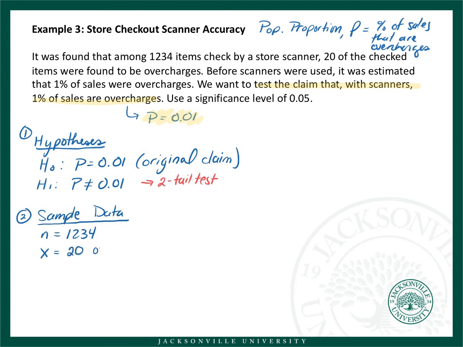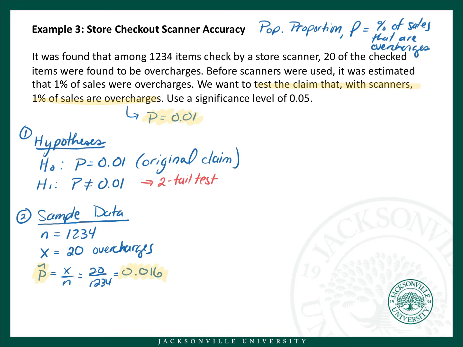So 20 of them were overcharges. That gives us a sample statistic, P hat, of X over N, which is 20 over 1234. Written as a decimal, that's 0.016. So our sample data shows that the proportion of items that are overcharges is approximately 1.6%.